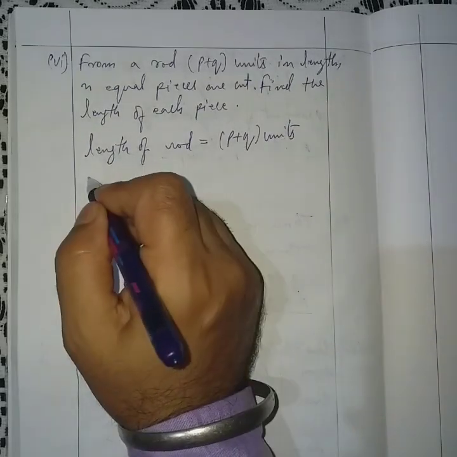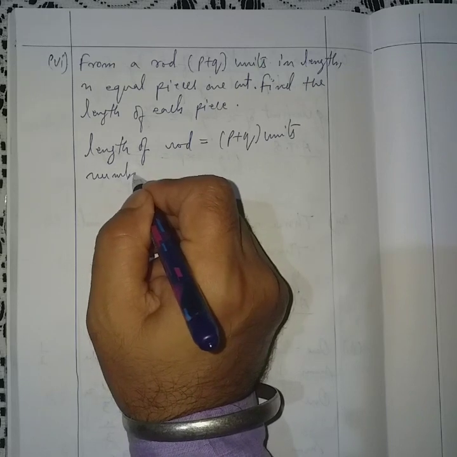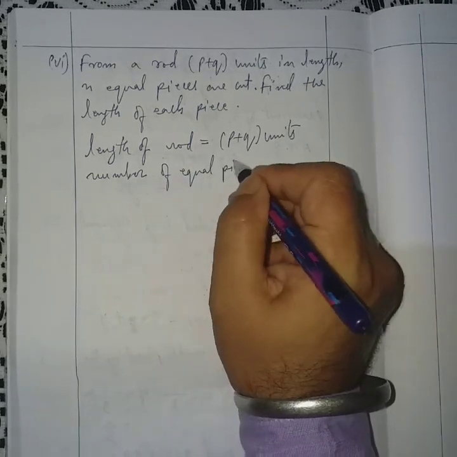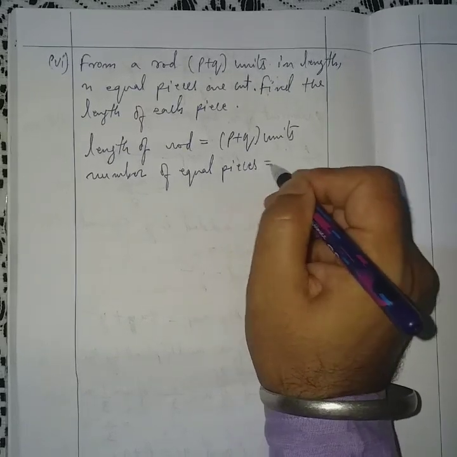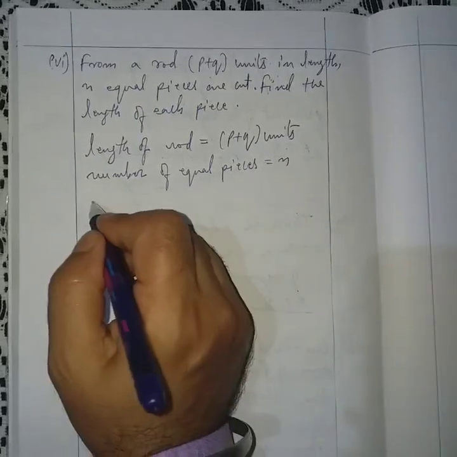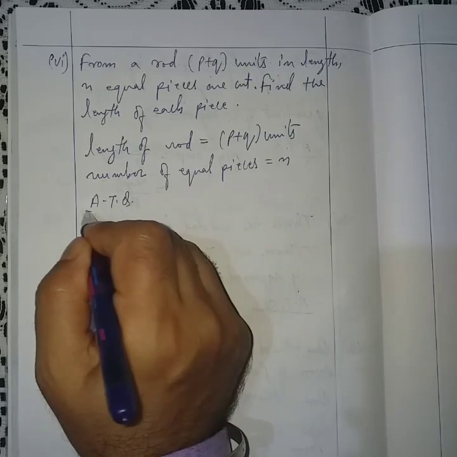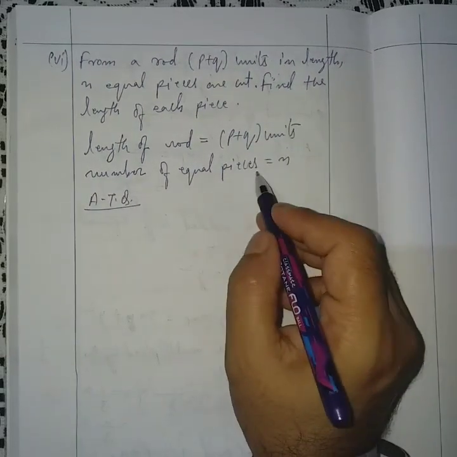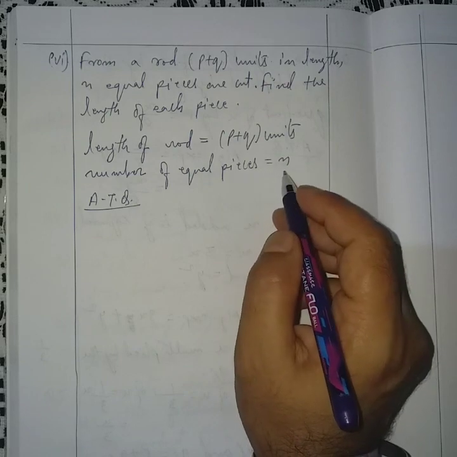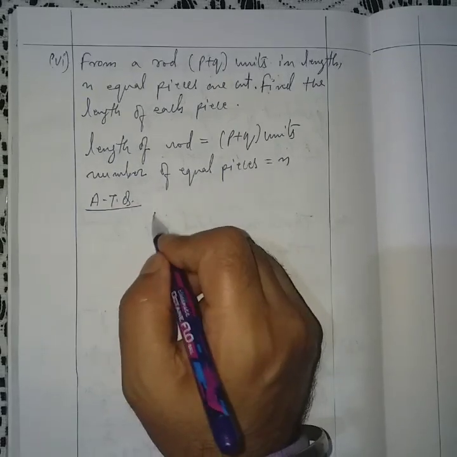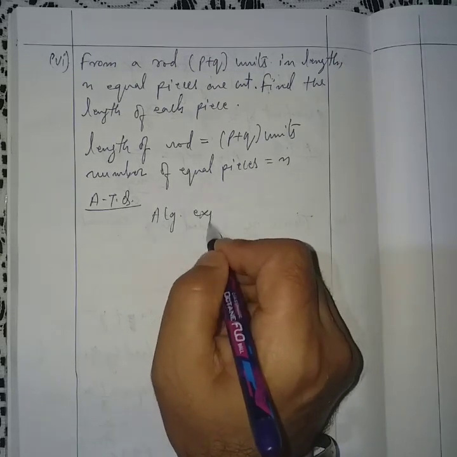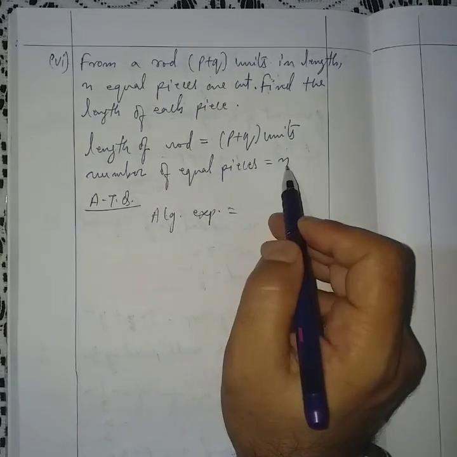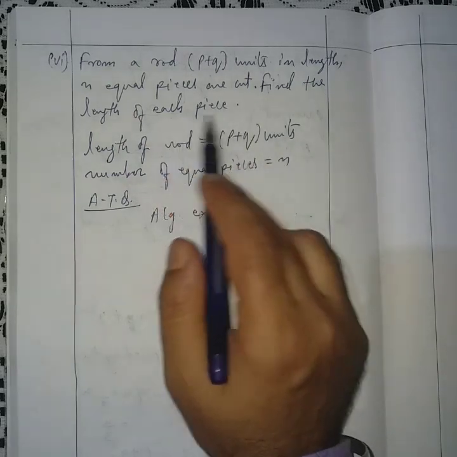Number of equal pieces is equal to n. So according to the question, the algebraic expression will be: if we divide the total length by the number of pieces, we'll get the length of each piece.